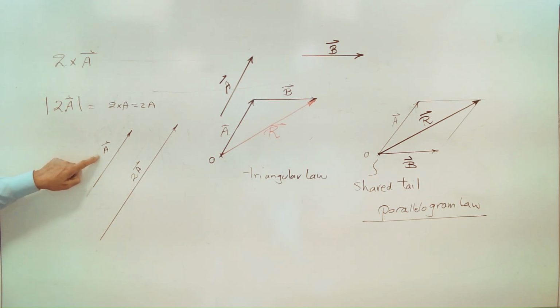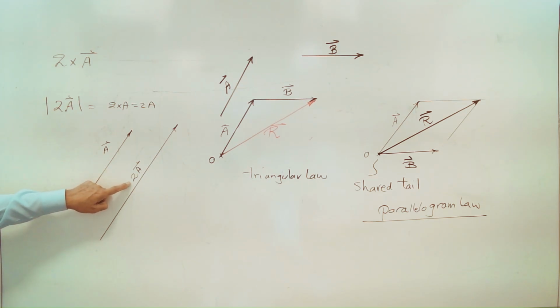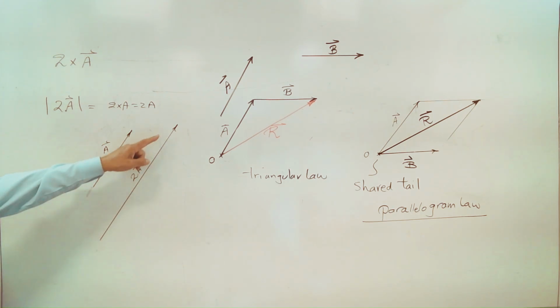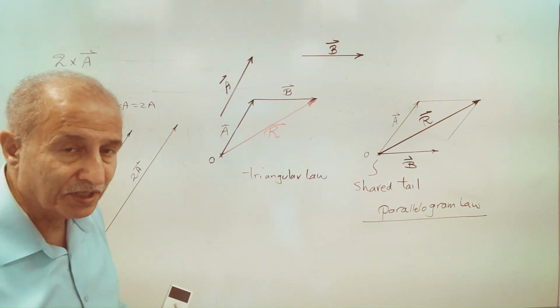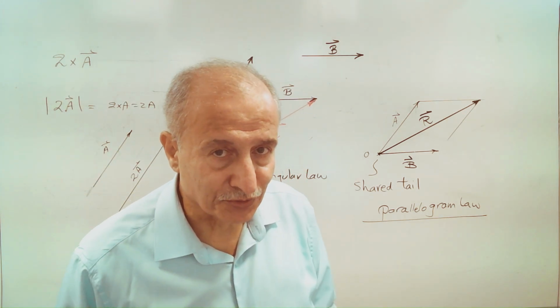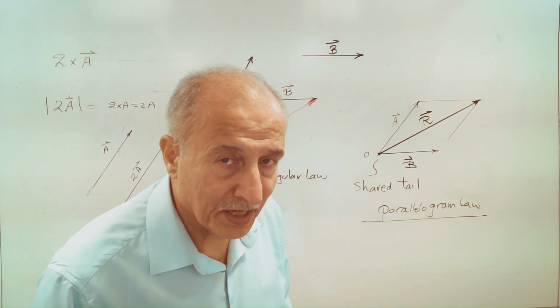I multiply this vector by 2. Then the direction is the same, and the magnitude is doubled because I multiply by 2. If I multiply by 3, the magnitude is 3 times larger, or 4 times larger.